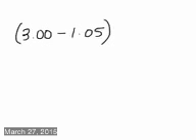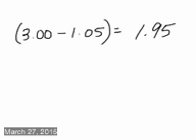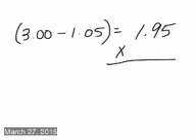So if I have $1.05, that is my total cost. What's $3 minus $1.05? $1.95. Now from there, I'm going to multiply that number by how many I project to sell. How many did it say I'm going to sell for those?